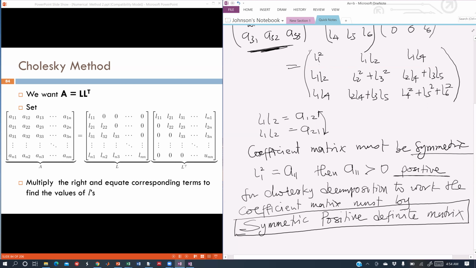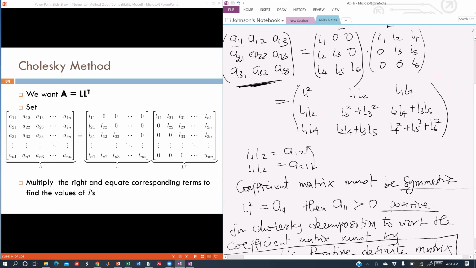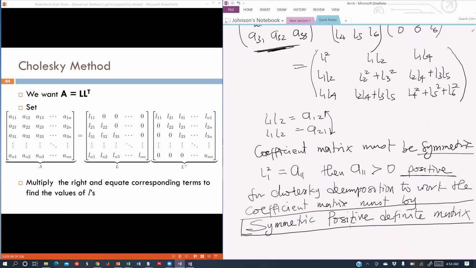And this explains from the fact that after multiplying the right-hand side, the result is a symmetric matrix. And for that matter, the coefficient matrix must also be symmetric. And I've also shown you that some properties of the matrix must also be adhered to become positive, most especially A11, which must be positive.